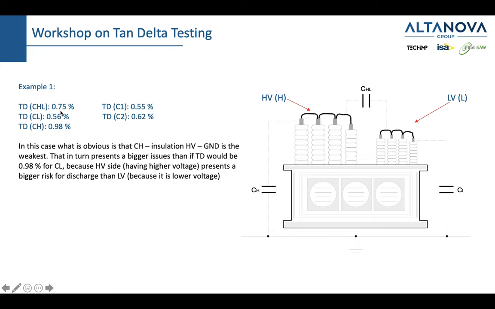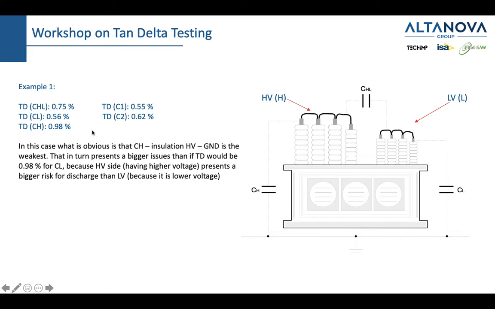So in this case, if these are our results, 0.75, 0.56, 0.98, 0.55, and 0.62, obviously CH has the highest number. You will remember that 1% is a threshold, so if a tan delta is bigger than 1%, then we have an issue.